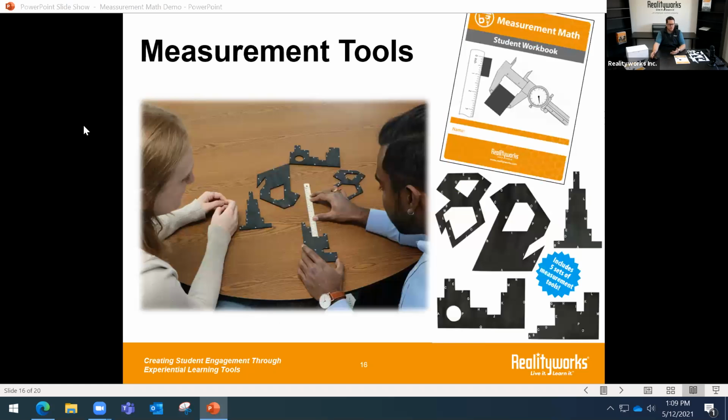So measurement tools are manipulatives that we have. These tools here are hard plastic, allowing students to use them and be precise in their measurement. You get 5 sets of these tools that come in our box here, and it allows the student to then take measurements in that world.